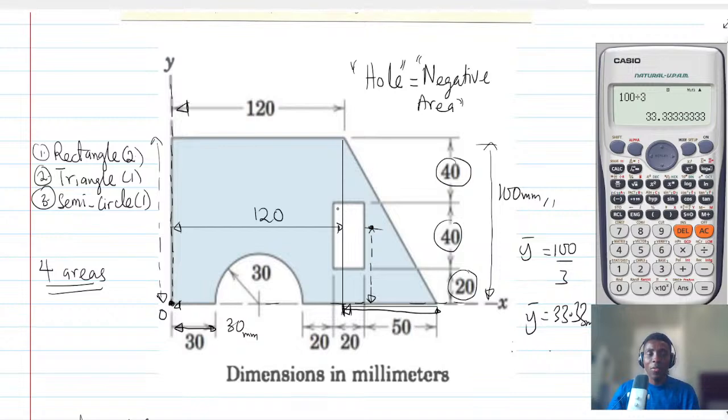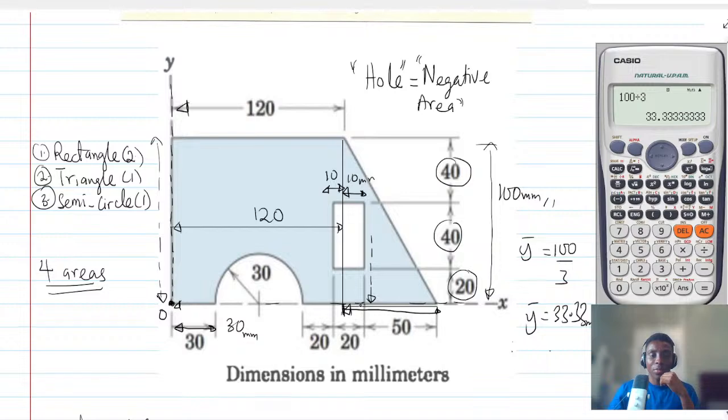Don't forget that in fact it is actually at halfway. So here is 10, here is also 10.